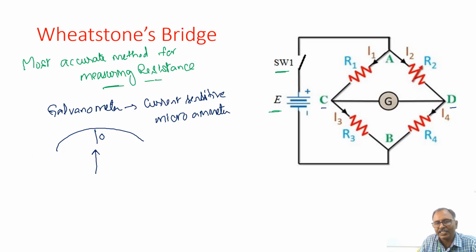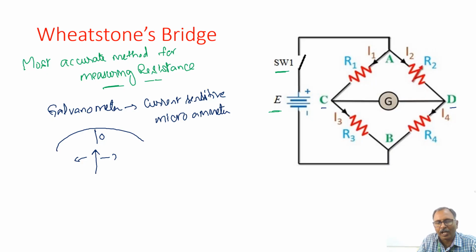When there is a current flow either from C to D or D to C, accordingly the pointer will deflect on either side based upon the amount of current that is going to flow. If the current is flowing from C to D or D to C, the direction of deflection will reverse.